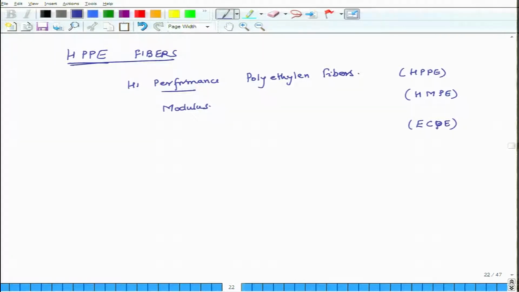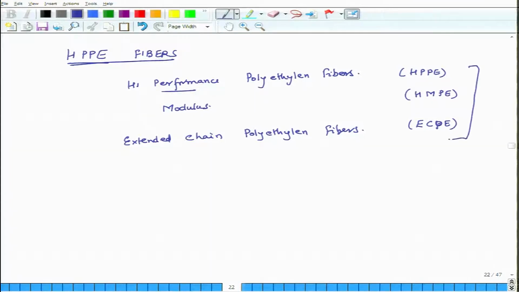What is ECPE? Extended chain polyethylene fibers. So, that is ECPE, but all of these names, they mean essentially the same.